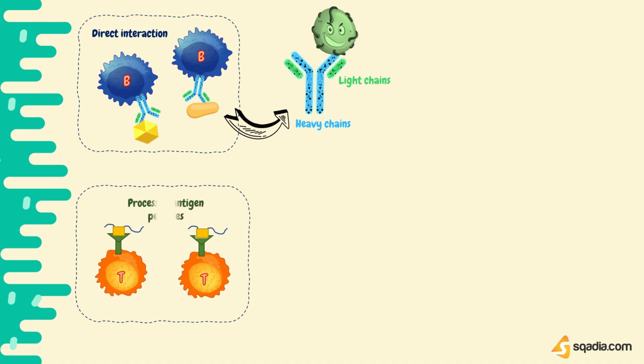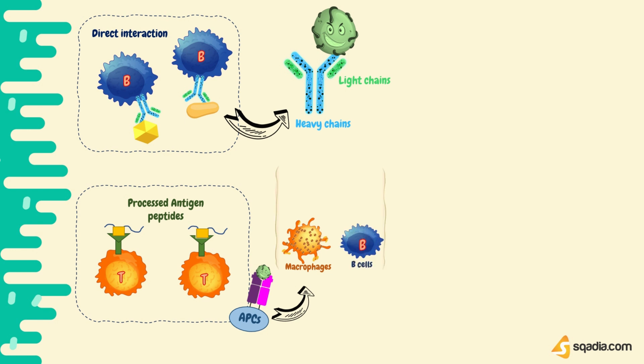Or in other words, TCR recognizes foreign antigen only when the antigen is attached to the surface of other cells or target cells that are actually antigen-presenting cells or APCs. And as discussed earlier, these APCs include macrophages, B cells, and the various dendritic cells.